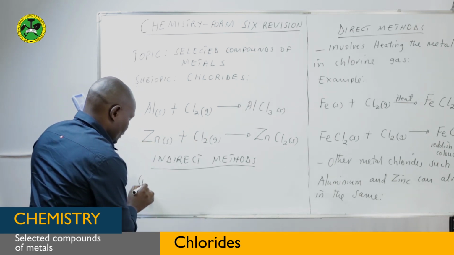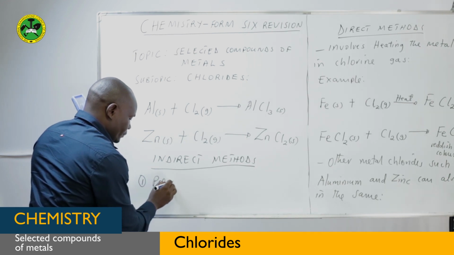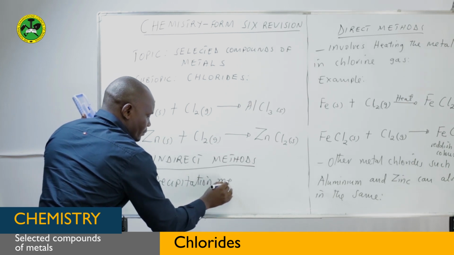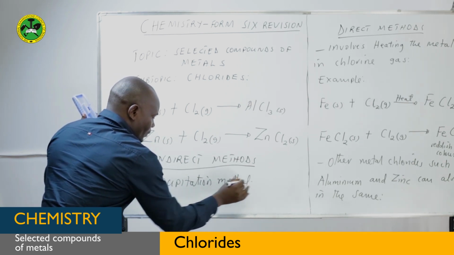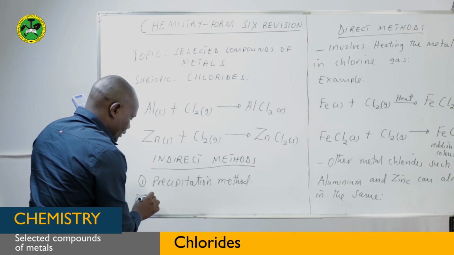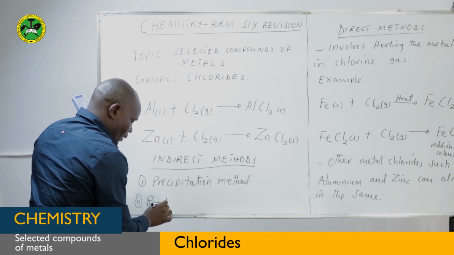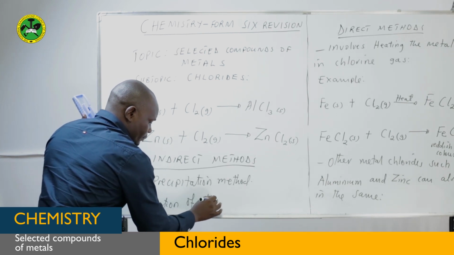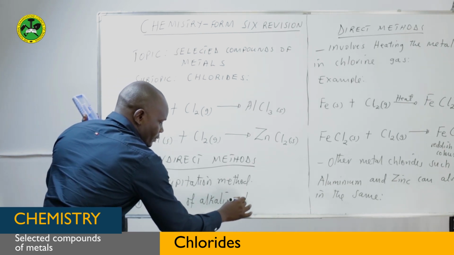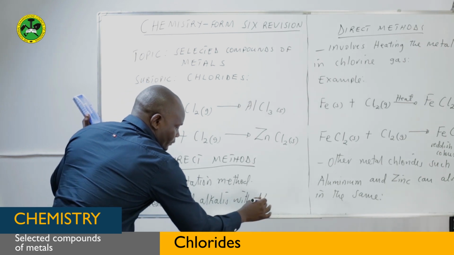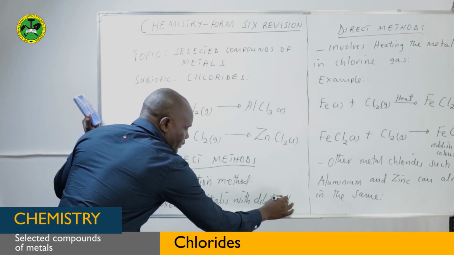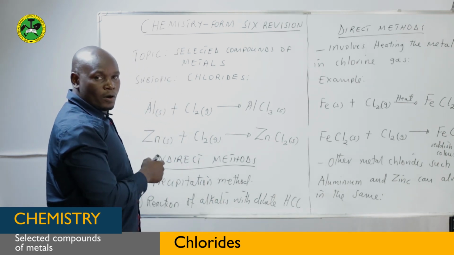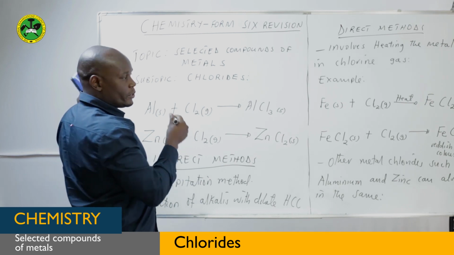One is the precipitation method, second is the reaction of alkalis with dilute hydrochloric acid, and the third is the reaction of metal oxide with dilute hydrochloric acid.